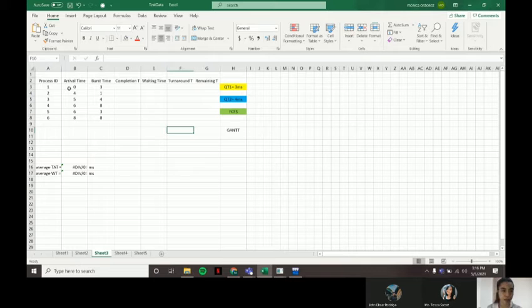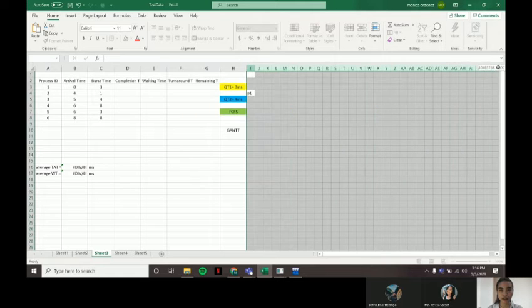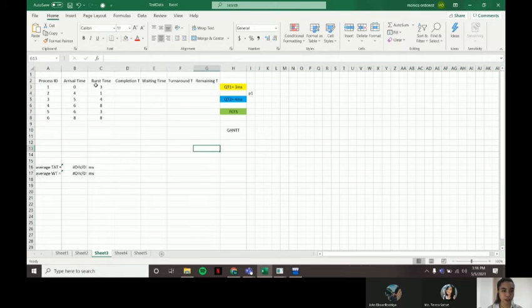So here the first process that has arrived was process 1, with a burst time of 3.